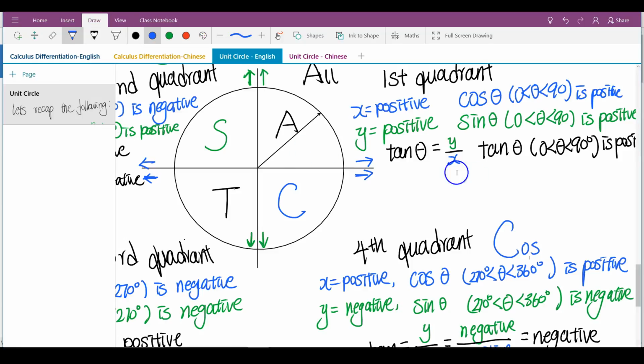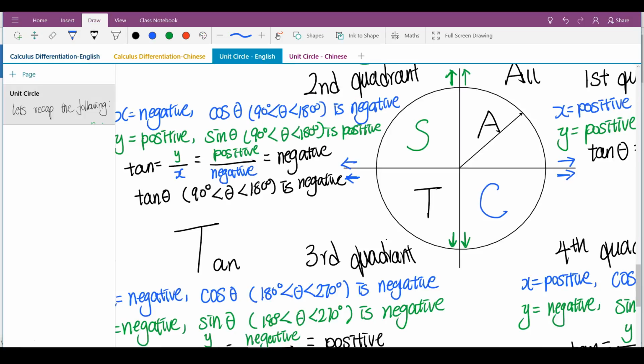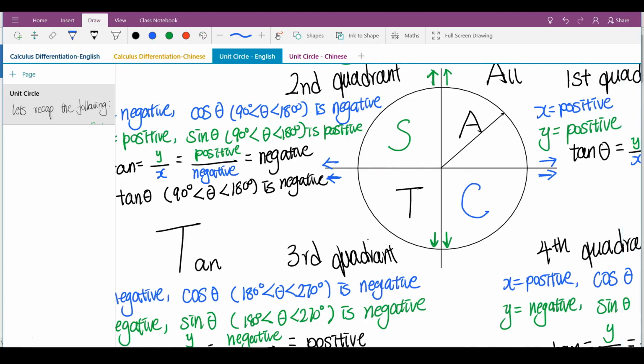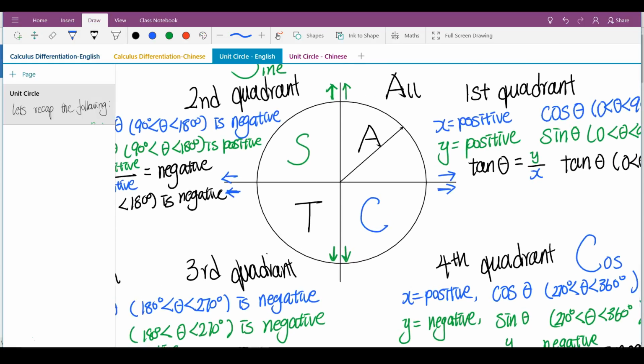So there we go, that's the fourth quadrant, and each of sine, cosine and tan and what they are in that particular quadrant. All right, so that's it. The next thing we're going to talk about will be the symmetric feature of the unit circle.